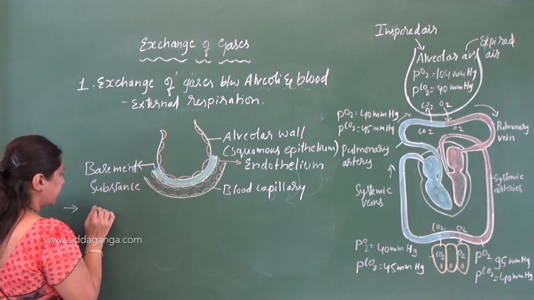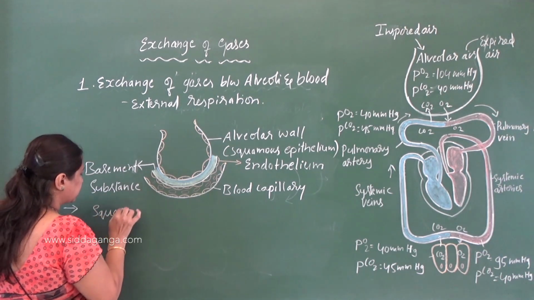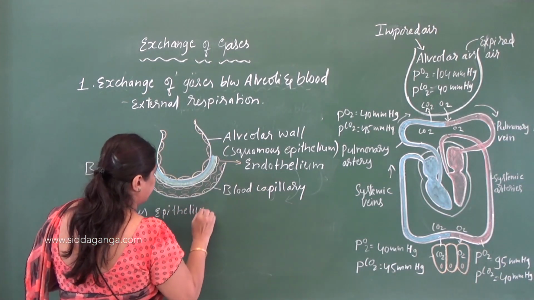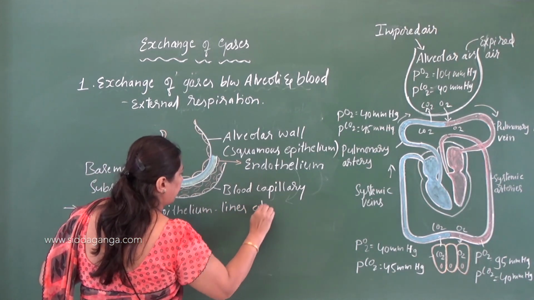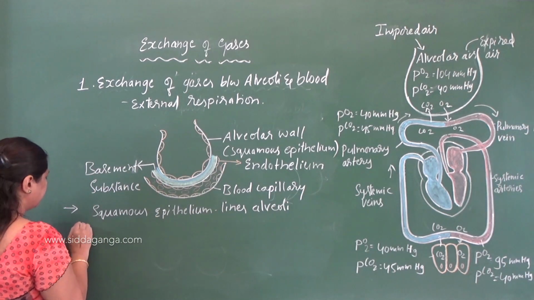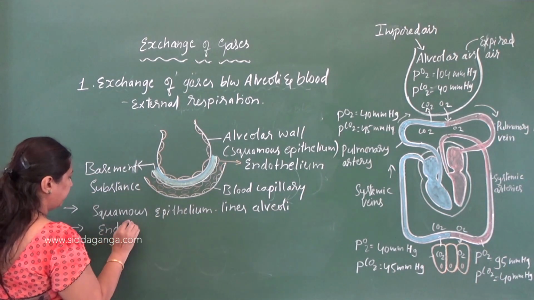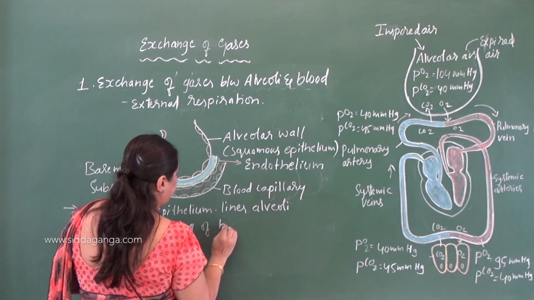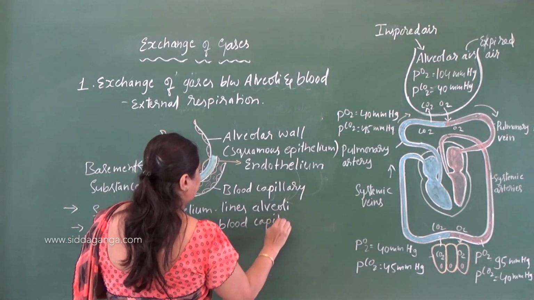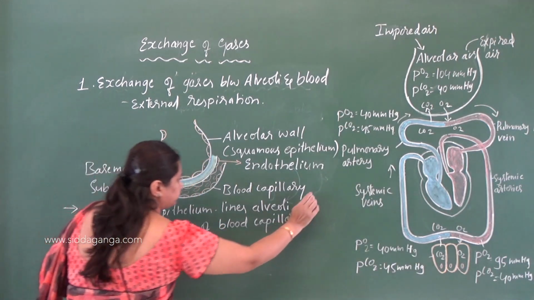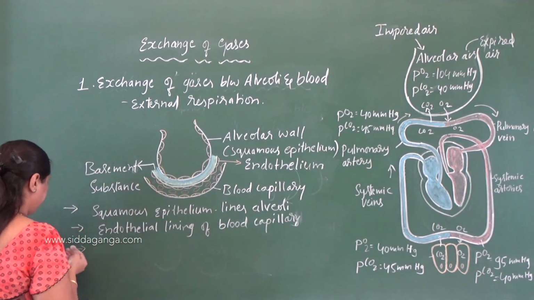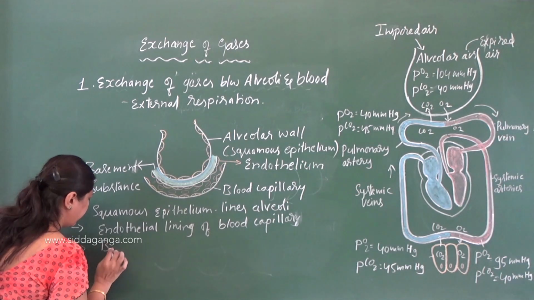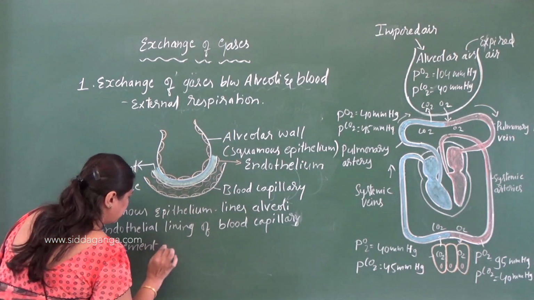Okay, so the respiratory membrane is formed of squamous epithelium that lines the alveoli, and the endothelial lining of the blood capillary, and the basement substance present in between them.